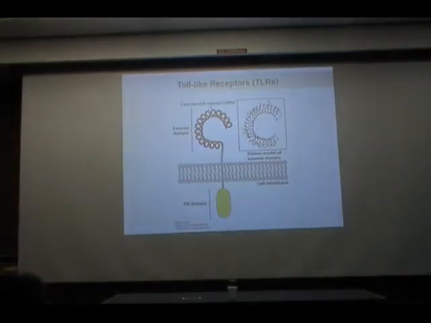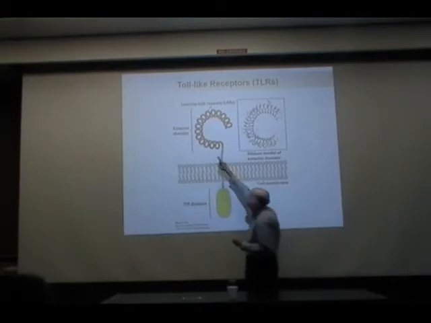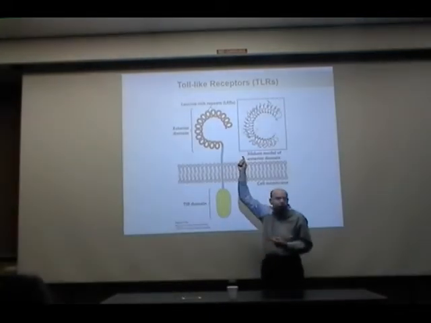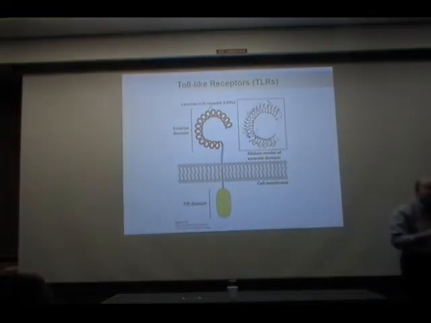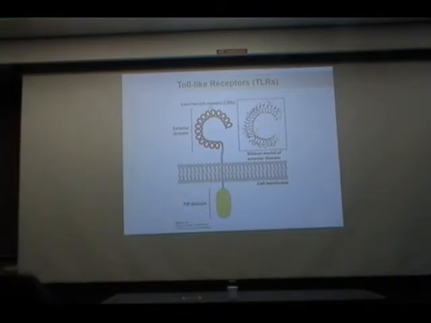So these are receptors. Receptors have two jobs. One job is to recognize whatever it's supposed to recognize. In this case, patterns of infectious agents or patterns of damaged proteins, or proteins due to damage. Once that ligand has bound to the receptor, it then has to talk to the inside of the cell and tell the cell something happened.